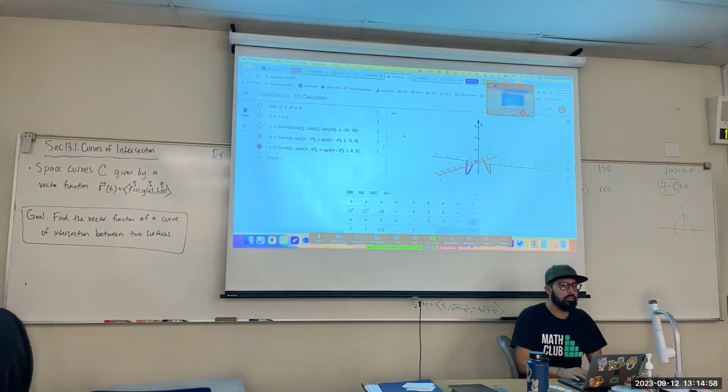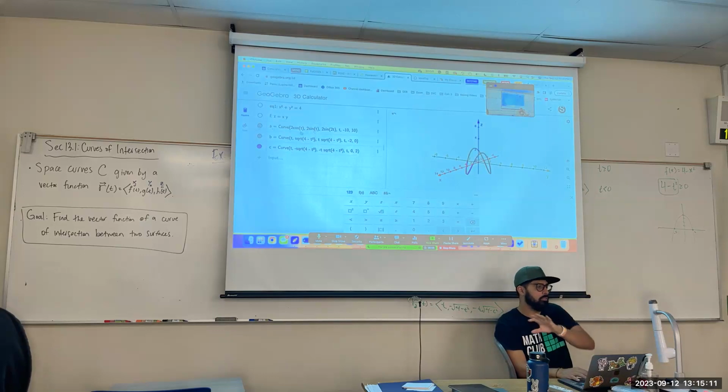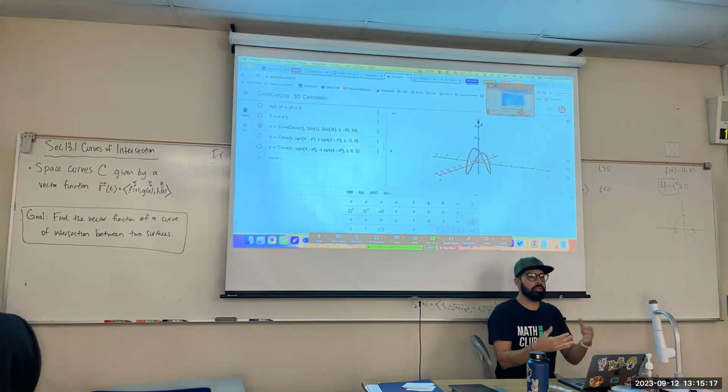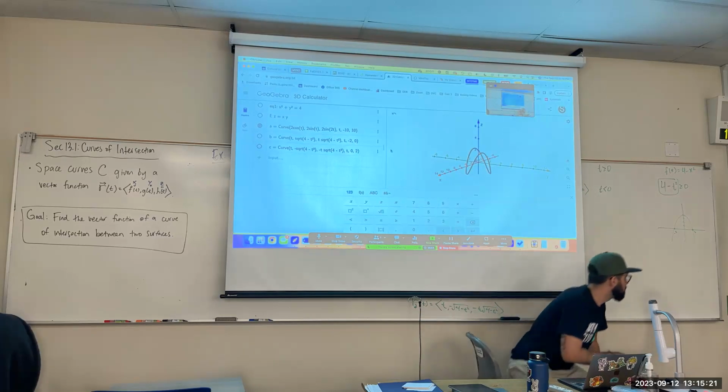I need them each to have the domain. So the summary is, these give you parts of the curve, but it's only this one that gives you the entire curve that we want. Okay? That only happened because of that square rooting step. It gave us a plus or minus. Okay?